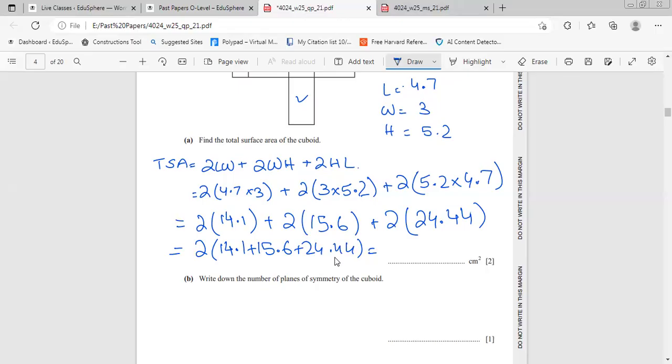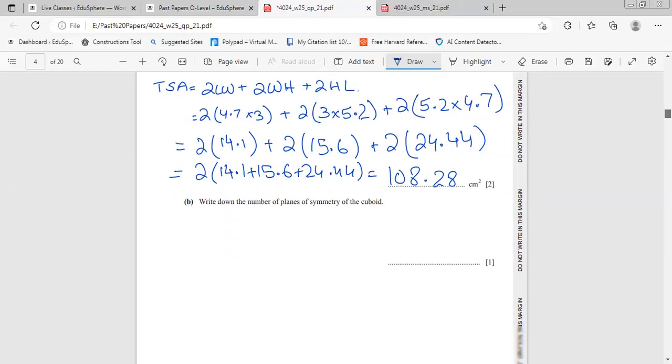And at this point, I'm going to add all of them. So 14.1 plus 15.6 plus 24.44. This is 54.14. And when I multiplied it with 2, I get 108.28 centimeters square. So this is the surface area of this cuboid.